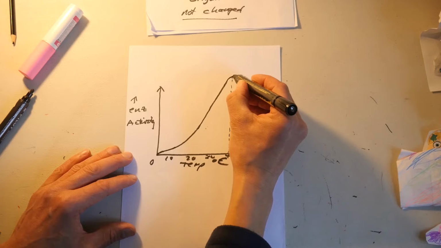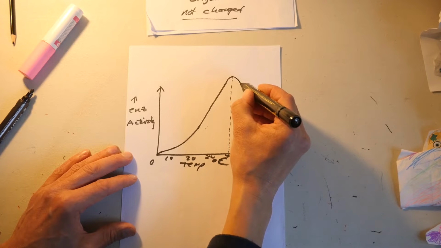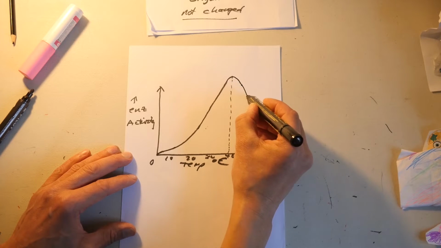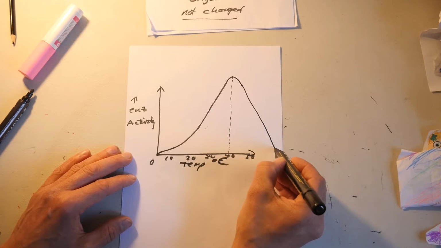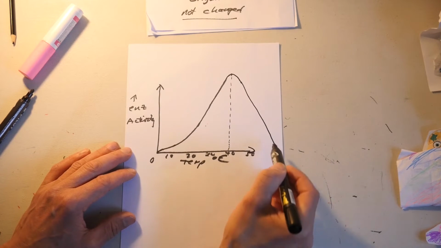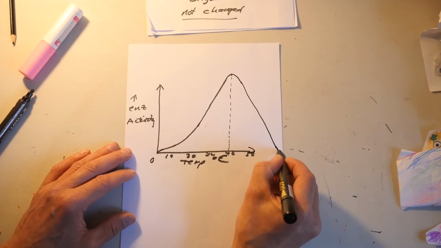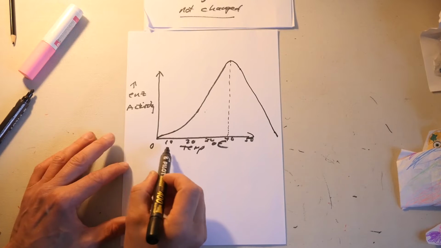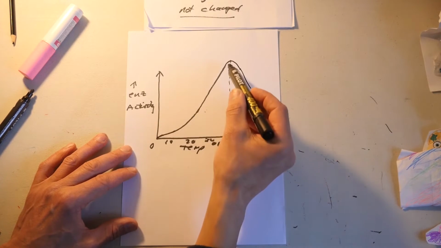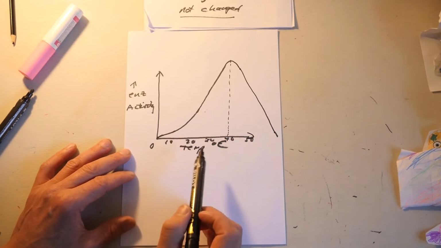And then when you get above that, it starts falling again. But when you go up to high temperatures, it falls off pretty fast. When you go up to 70 to 80 degrees, it really goes down to 0. So it increases to the optimum and then falls again.